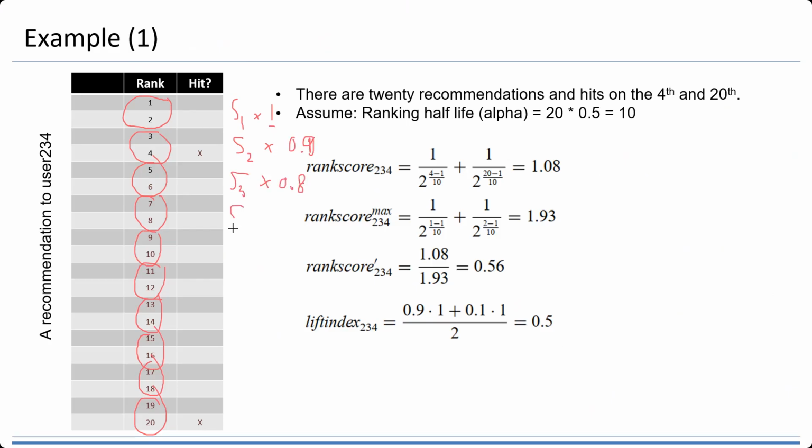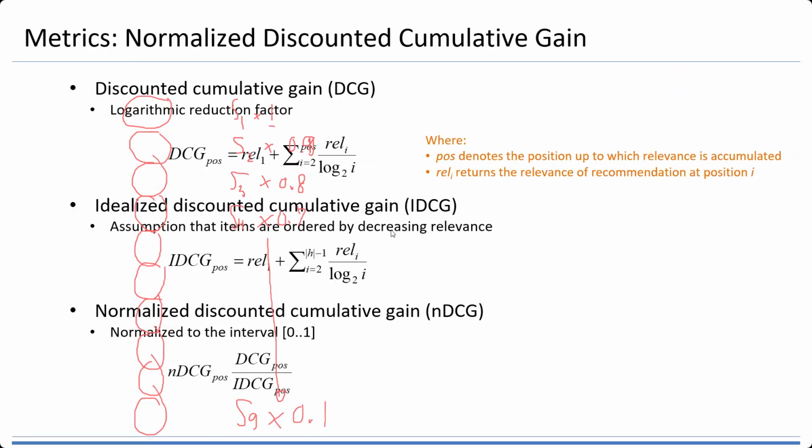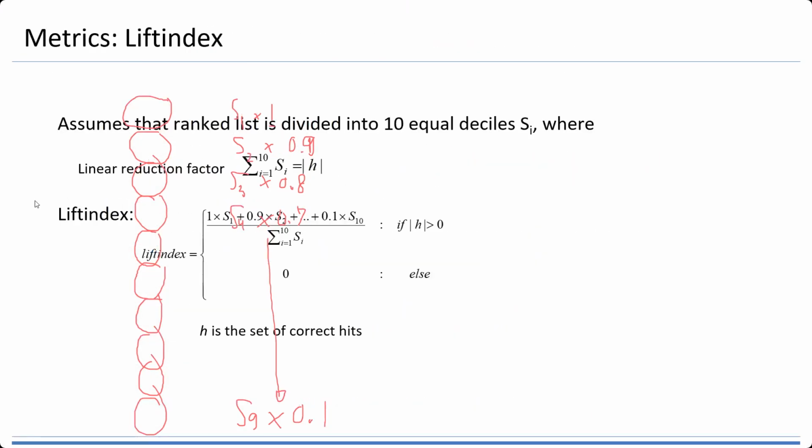If it is in the fourth, it will be multiplied by 0.7. And so on until the decile number 10, which will be multiplied by 0.1. Okay. So this is based on the formula that we have. Oh, sorry, S10.